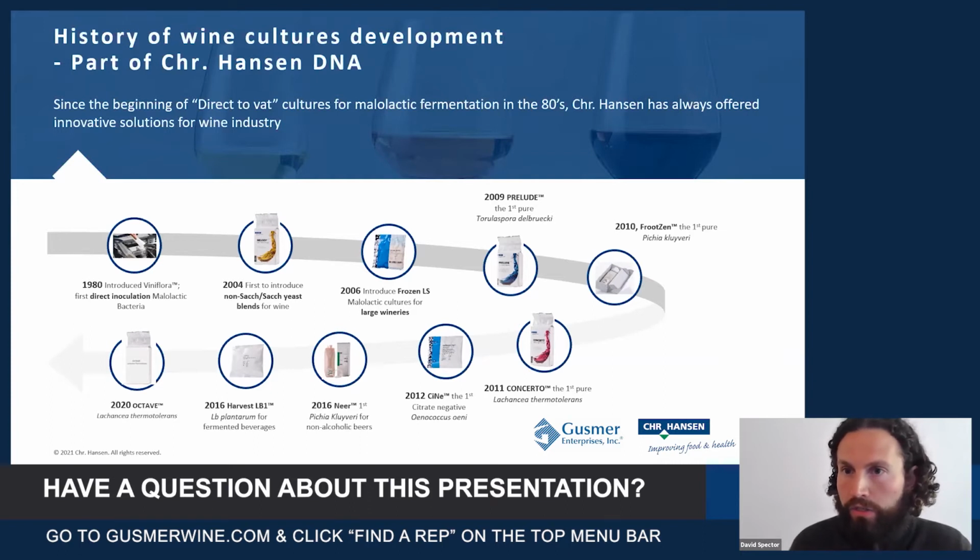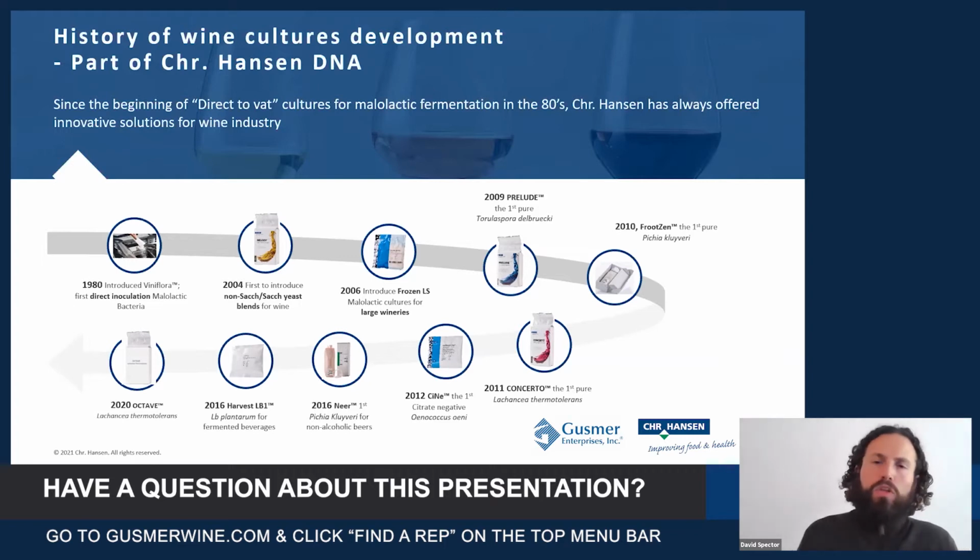For many years, Christian Hansen had the patent, and we were the only ones able to provide freeze-dried direct inoculation bacteria cultures to the market. That's how we entered the wine world. Since then, we have released a whole range of Oenococcus oeni strains and non-Saccharomyces and Saccharomyces strains.